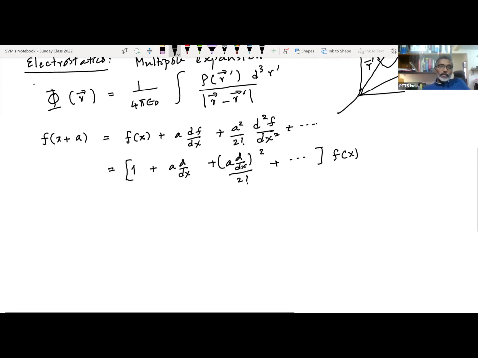So one can write this as e to the power a d by dx, because this is an expansion for e to the x, operating on f of x. So if you want to translate the argument of a function by an amount a, you operate it on this. This is called translation operator.